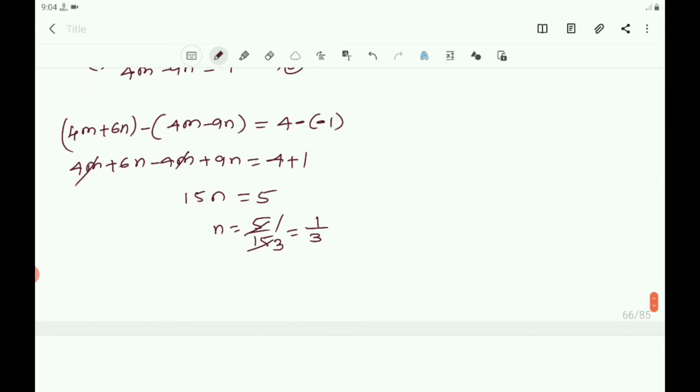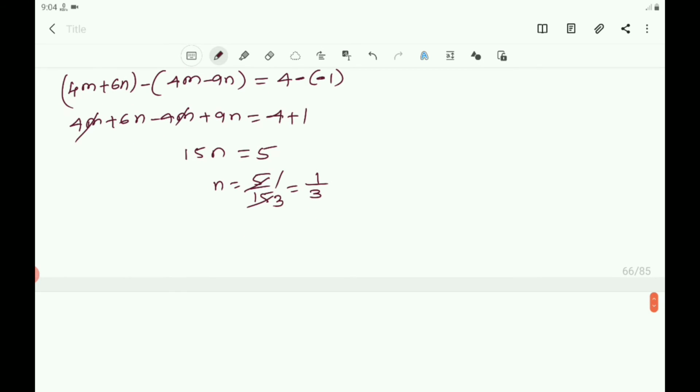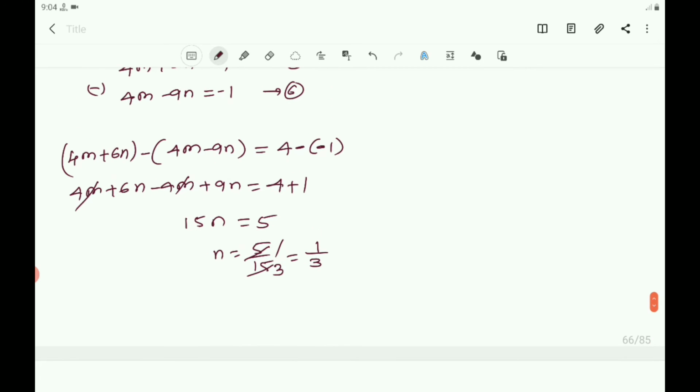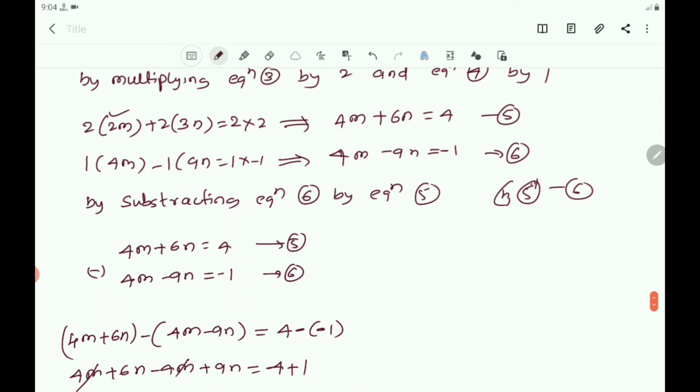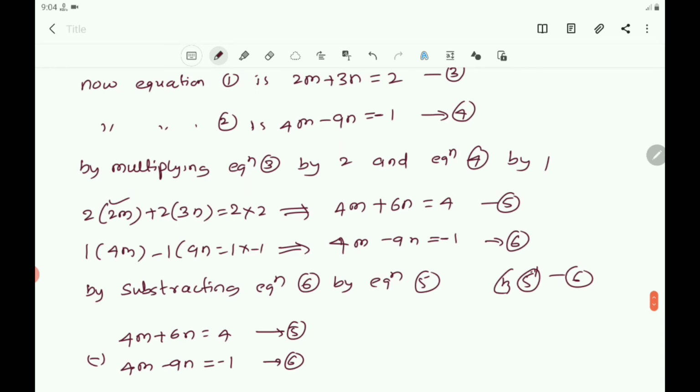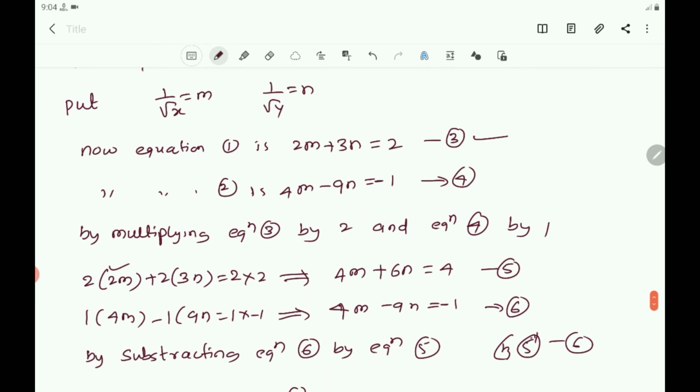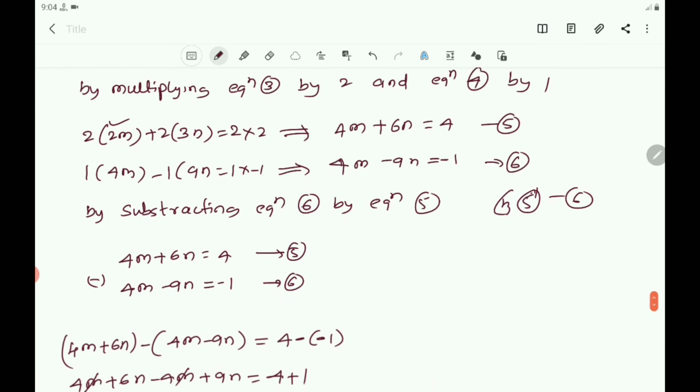Next, put the value of n equals 1 by 3 in the equation. Which equation are you going to take? The third equation, 2m plus 3n is equal to 2.